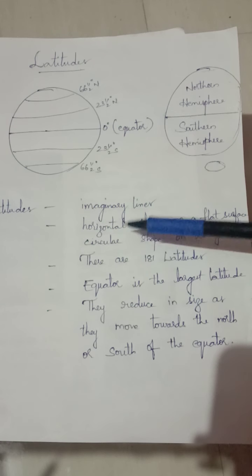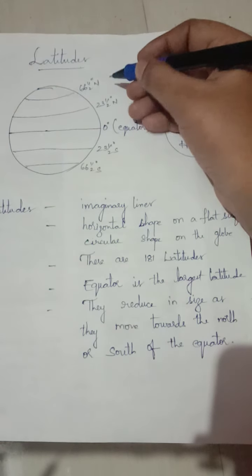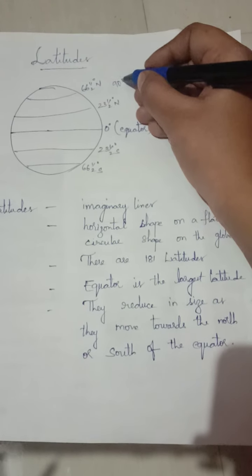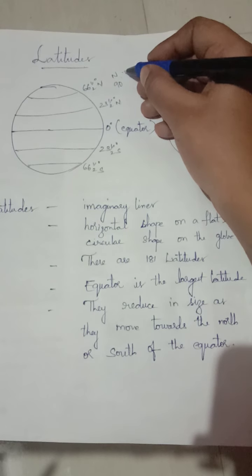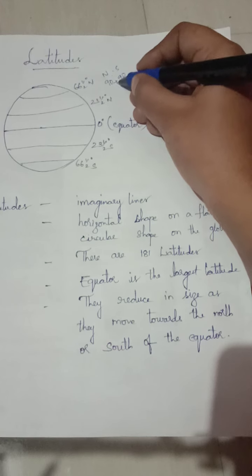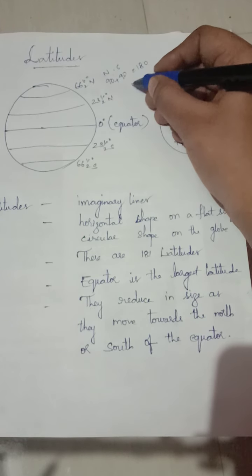They look horizontal, and in total there are 181 latitudes. There are 90 latitudes on the north and there are 90 latitudes on the south. So 90 plus 90, you know that is 180, and plus 1 is equator.